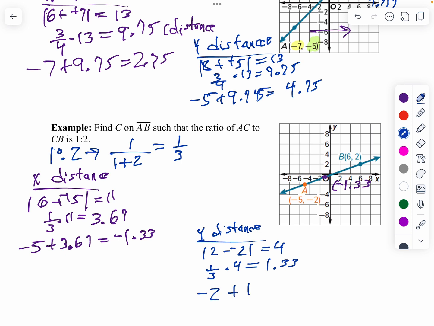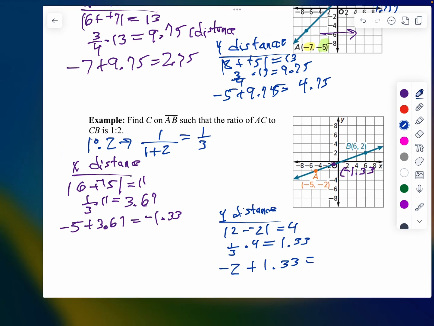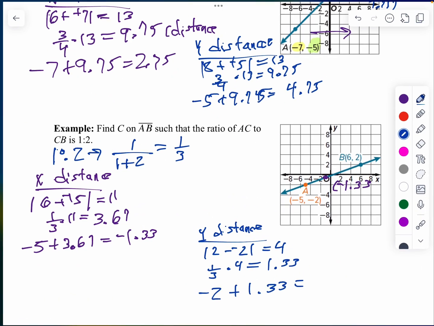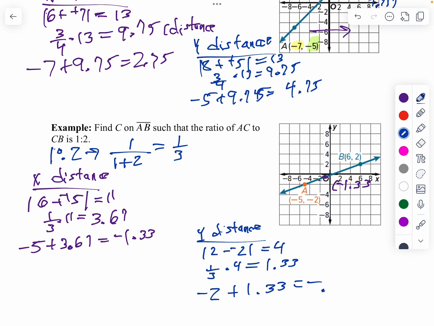I add 1.33. And -2 plus 1.33, that's -0.67. And once again, pretty good at estimating there.